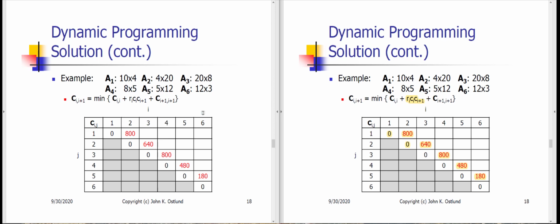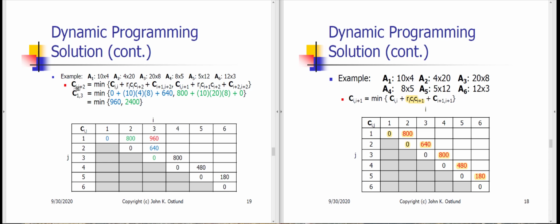Okay, so here's C sub i,i plus 1. Now, for C sub i,i plus 2, now we have some actual work to do. We're no longer dealing with 2 zeros and a product. We're dealing with C sub i,i plus rows sub i, column sub i plus 2, plus the cost of i plus 1,i plus 2. Now this time, this guy here is 0, but this is not 0.